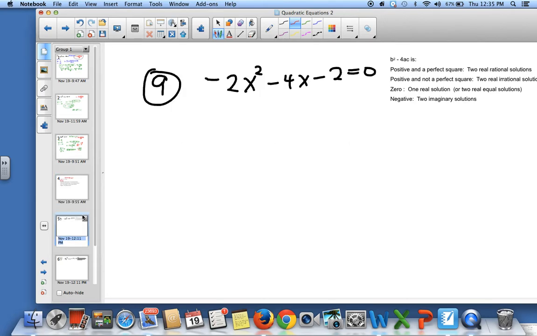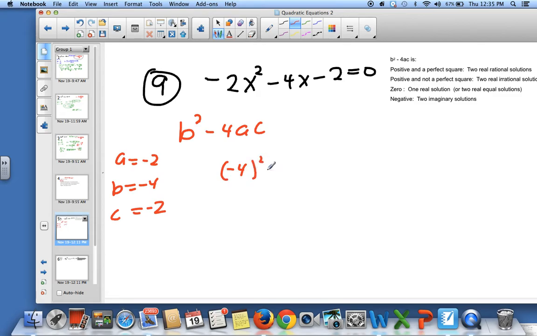So we'll look at number 9 right now. Okay. All we're concerned with is b squared minus 4ac. So a equals negative 2, b equals negative 4, and c equals negative 2. So b squared is negative 4 squared minus 4 times a, which is negative 2, times c, which is negative 2.